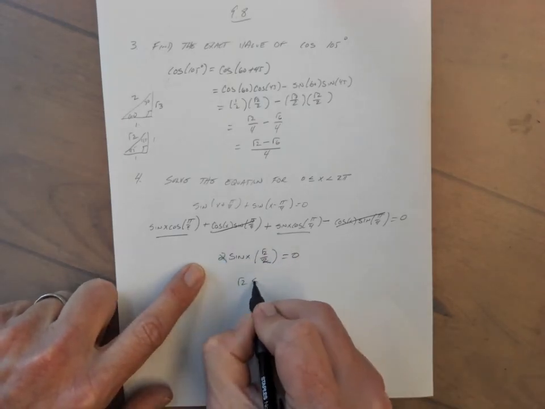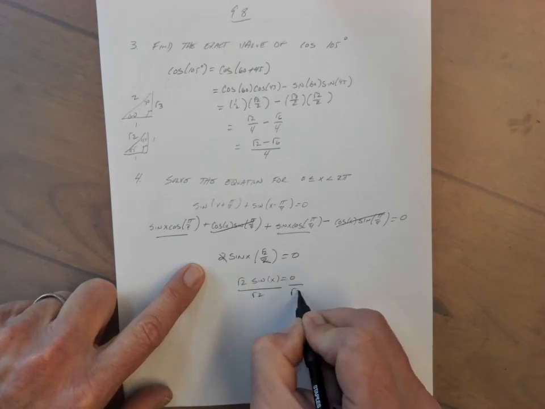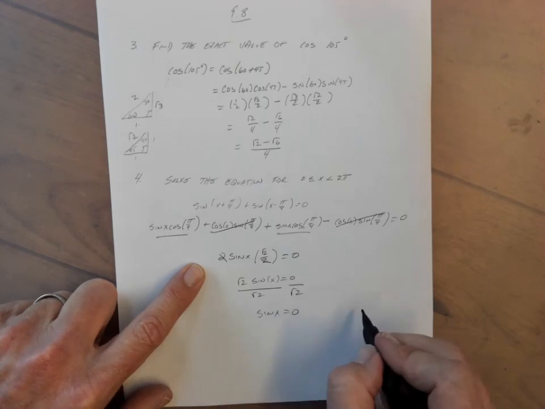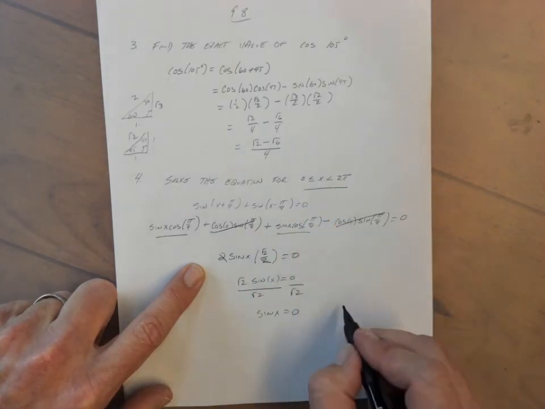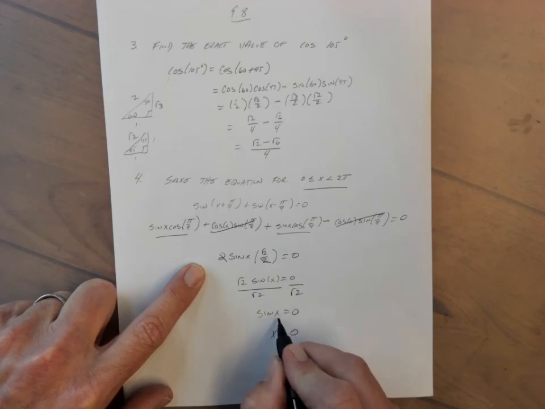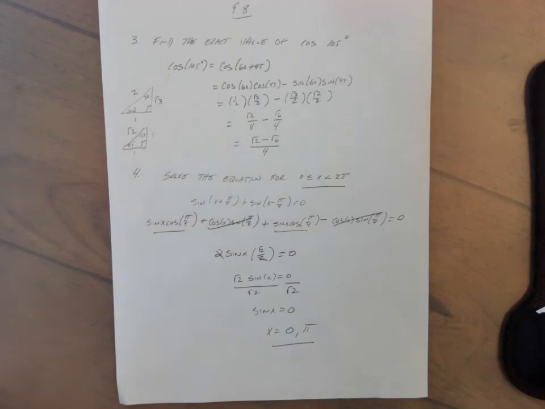So I have root 2 times the sine of x equals 0. Isolate the variable, so we get sine x equals 0. So I know our sine graph, and between 0 and 2 pi, sine of x equals 0 at 0 and pi, right? And we're not including 2 pi. All right, I hope that helps, and we'll see you soon.